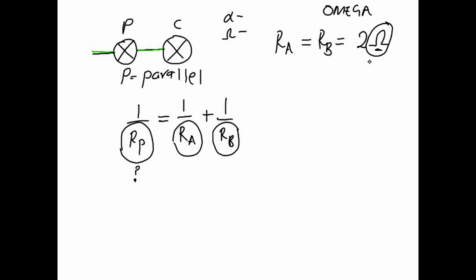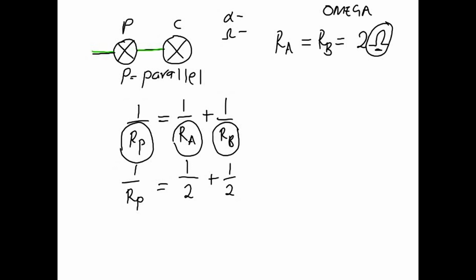I'm getting distracted. So we know the values of Ra and Rb. So it means that we can just say 1 over 2 plus 1 over 2. Remember, on this side, we still have 1 over Rp. So we go 1 over Rp equals 1 over 2, which is a half, plus 1 over 2.